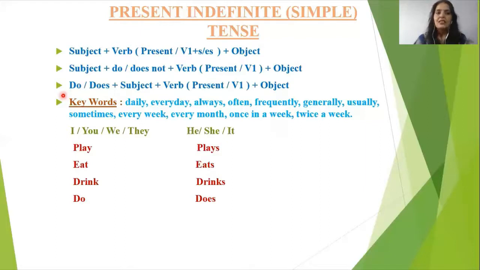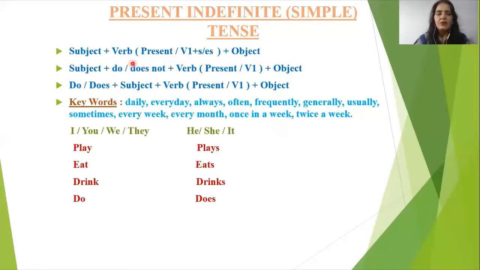So, when we have to give the answer in yes or no, at that time we start the sentence with the helping verb. And yes, students, what are our helping verbs? Our helping verbs here are do and does. Already we studied it, do and does.